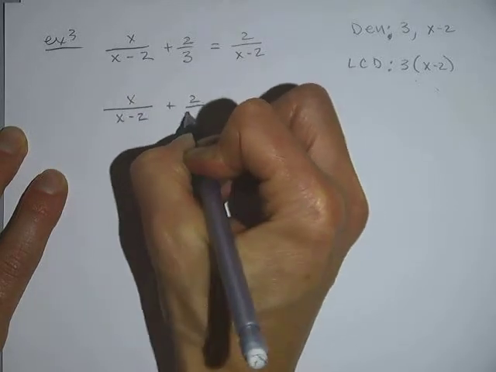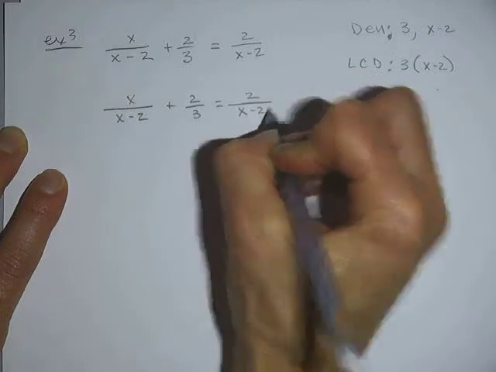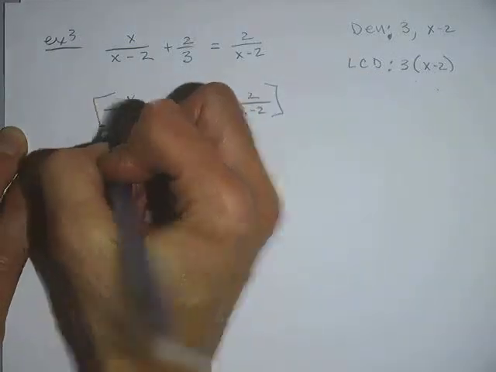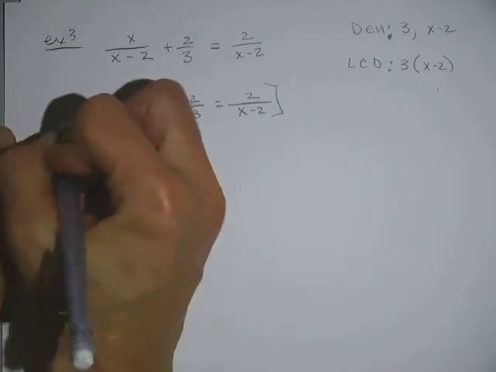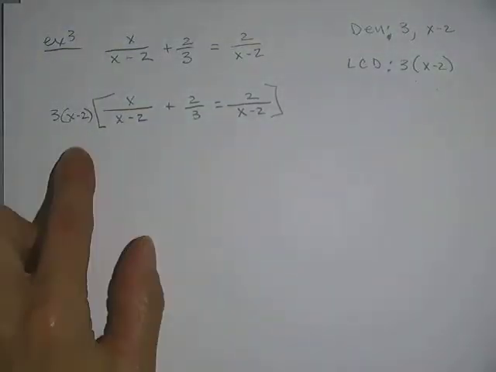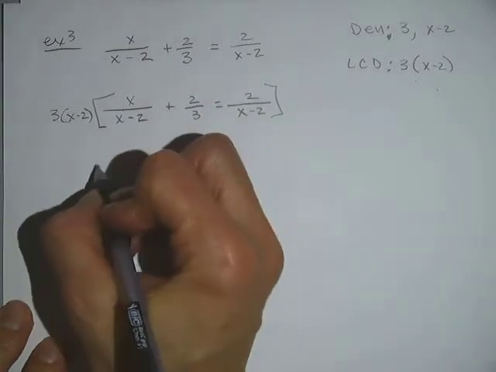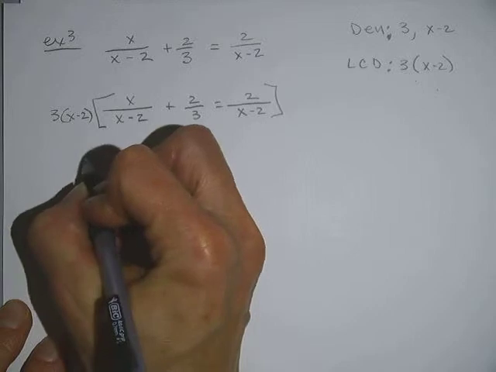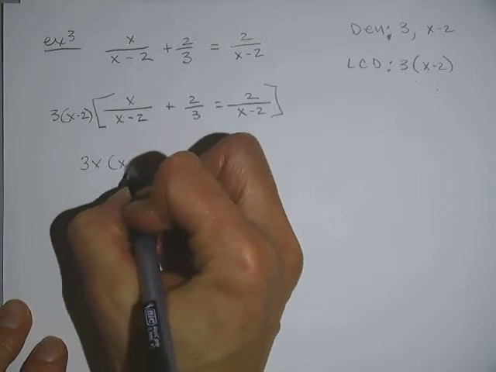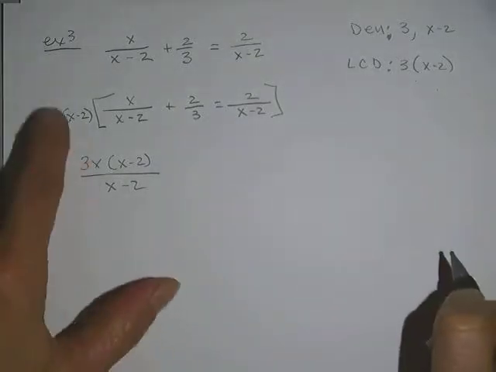So I'm going to take all of this. Top and bottom? No, remember you only multiply it into the top. So I'm going to take all of this and multiply it by 3 times x minus 2. Now wait a minute. Let's just go ahead and do it. Let's multiply this into the top. So it's going to be 3x and then x minus 2.